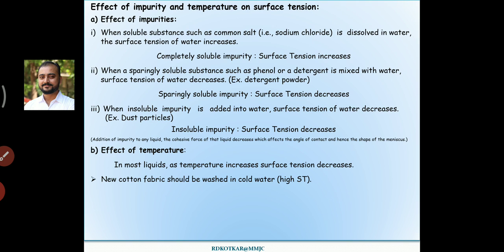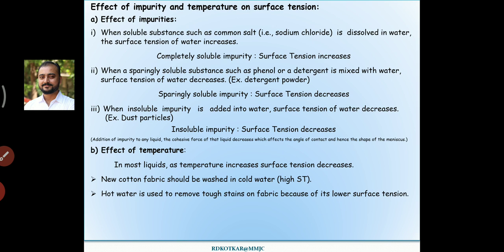New cotton fabric should be washed in cold water, because cold water has a high surface tension. If you increase the temperature of the water, surface tension decreases and the liquid moves inside the threads of the cloth and can remove the color.